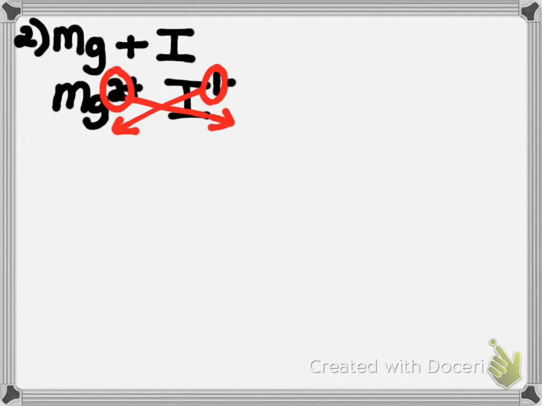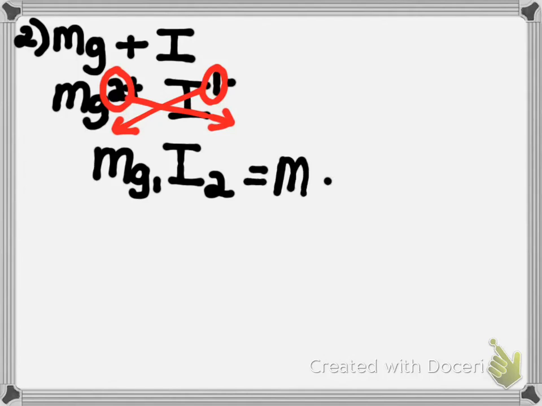So if we crisscross these elements, we'll get Mg1 because the 1 is crossed down from the charge on iodine, and I2. You only transfer the numbers, you don't transfer the charges. Now, this is essentially the same thing as MgI2. If the subscript is a 1, you don't have to write it, it's implied.